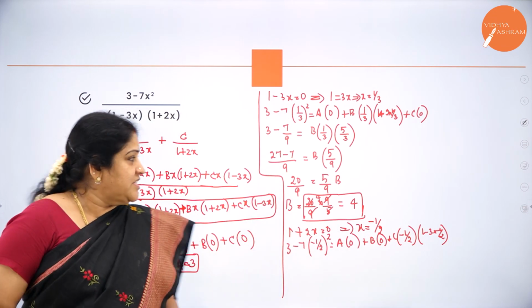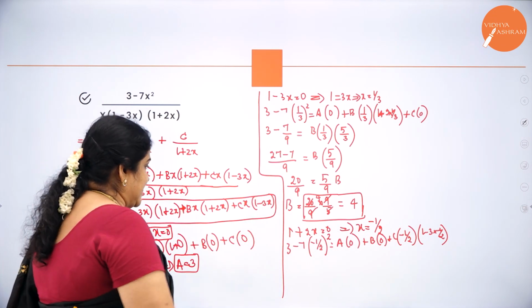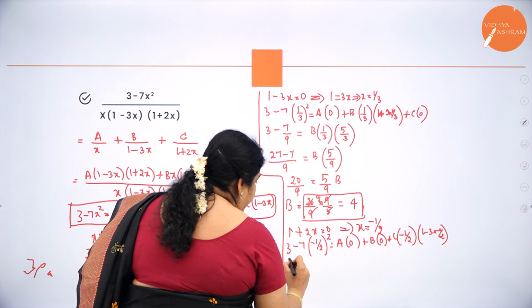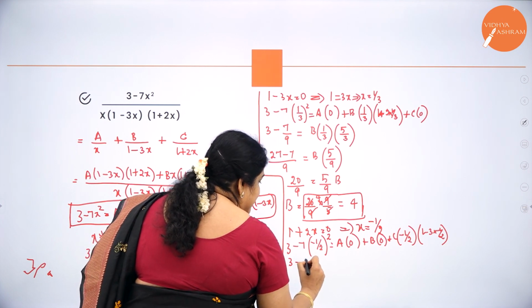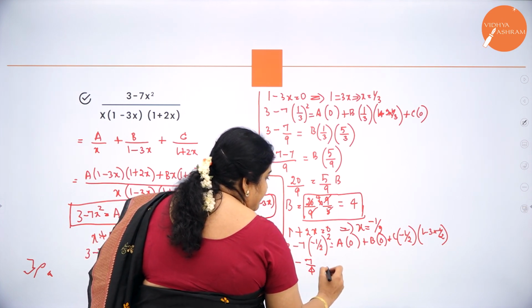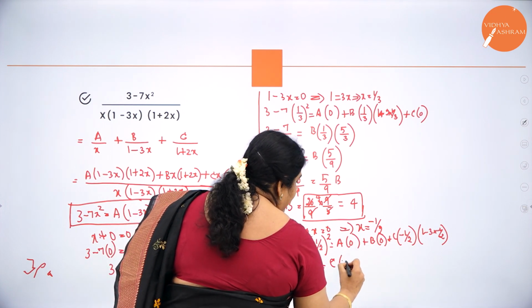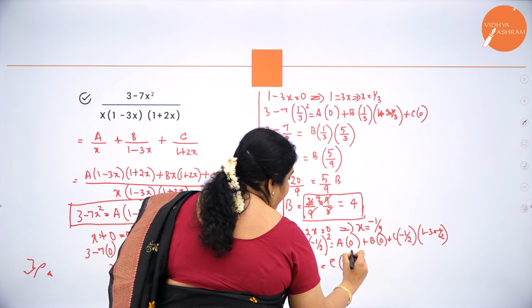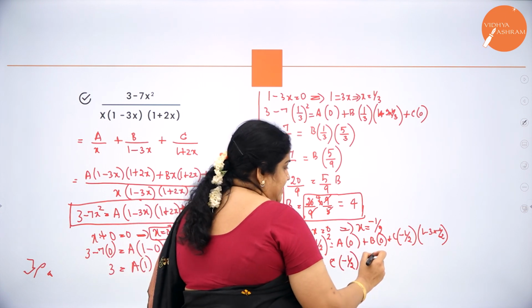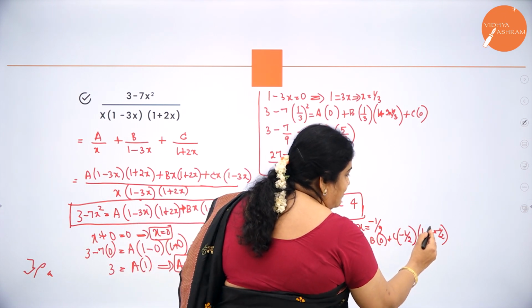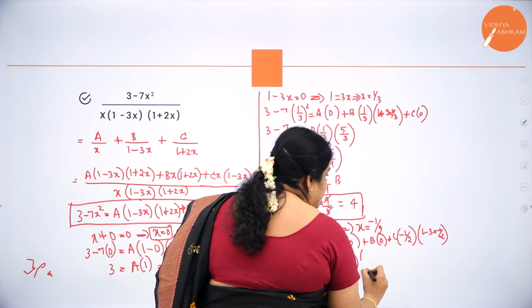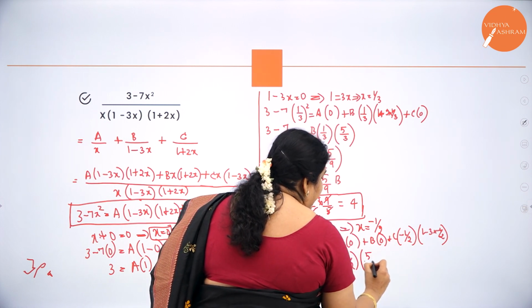I hope this calculation is clear. So this will become 3 minus 7 by 4, which is equal to C into minus half into, what will be this calculation? This will be 1 plus 3 by 2, which will be equal to 5 by 2.